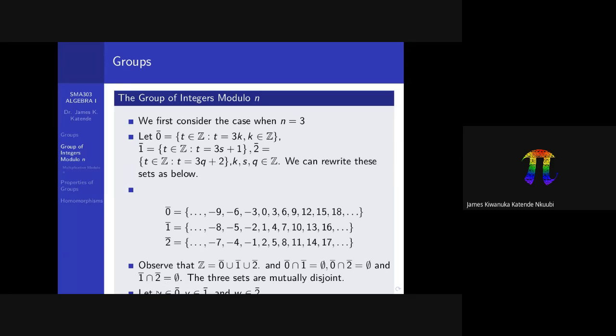This line simply says we pick three elements, u, v, and w. u is picked from this set, 0 bar. v is picked from this set, 1 bar, and w is picked from the last set. So we have three elements we are picking: u from this set, v from this set, and w from this set. That line appears at the bottom here, but it's not very clear. So keep that in mind. That's why it's important for you to have your notebook as well.